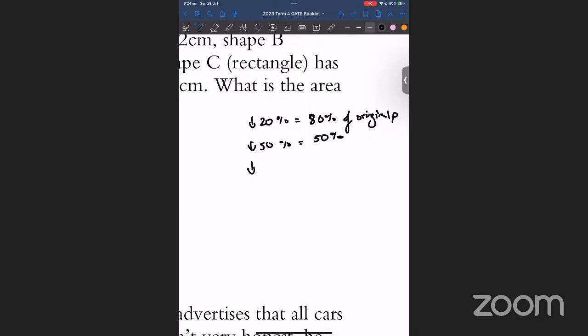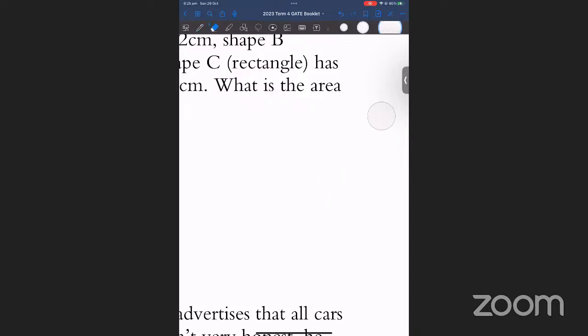If something's decreased by 75%, how much of the original price are you paying? 25%, correct? Now, if something's increased by 20%, how much of the original price are you paying? 120. If something's increased by 30%, how much of the original price are you paying? 130. Good. So you guys are starting to grasp this concept.